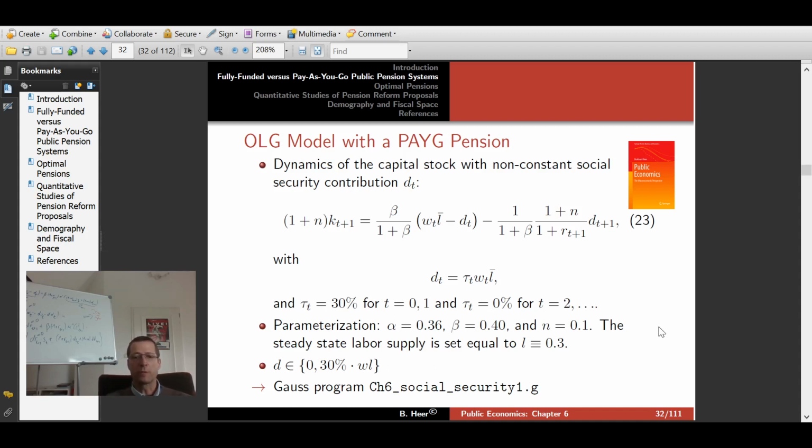Now, 30% of gross income translates into something like 20% of GDP. So gross income, the labor share, is 64%, and if you multiply it by 0.3, it's approximately 20% of GDP.